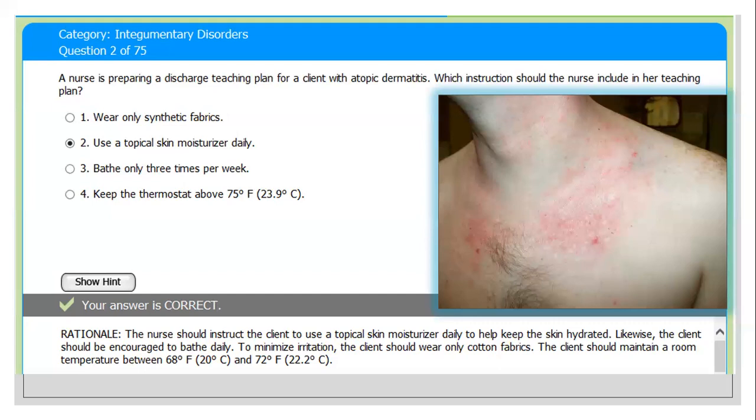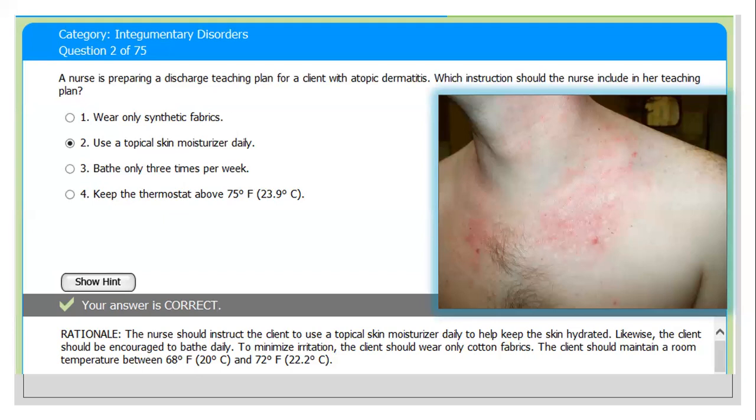So the most common symptoms: dry, scaly skin, redness, itching, and also painful lesions, right? Fluid-filled blisters develop. So how do we diagnose?